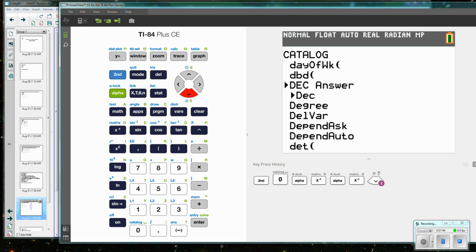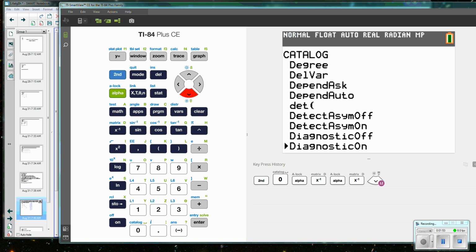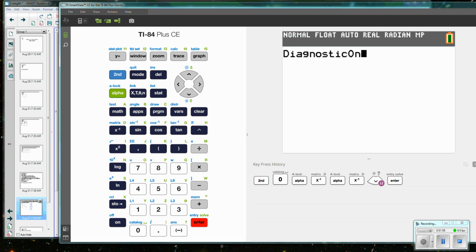Then we're going to arrow down to find our diagnostics, and we're going to select diagnostic on. And then we have to hit enter again, and now our diagnostics are on.